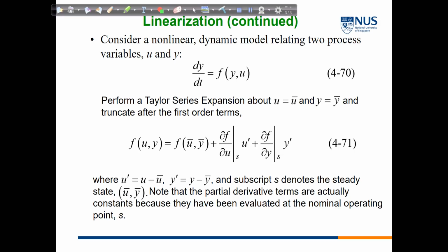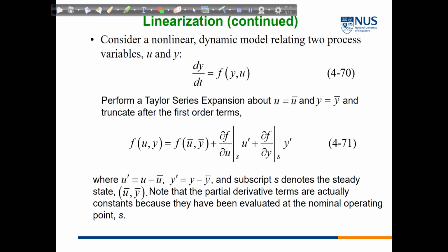So first evaluate this f function, and then evaluate the first order derivative df/du multiplied by u prime, and then the evaluation of the first order df/dy multiplied by the term y prime.